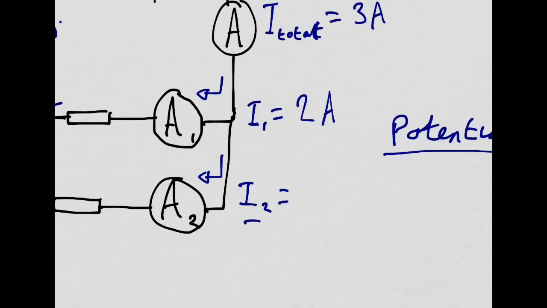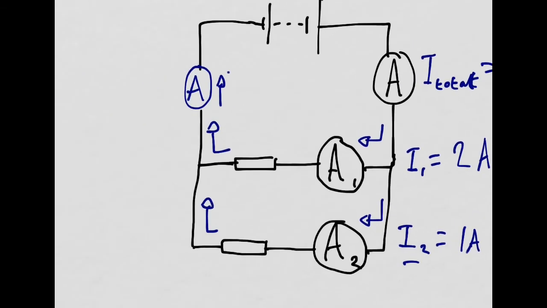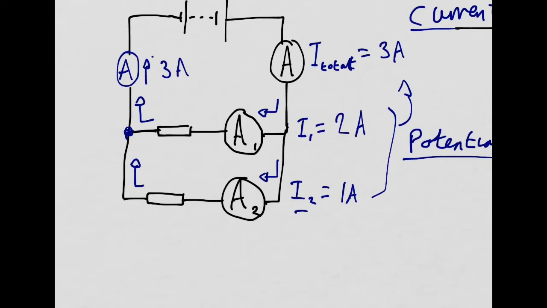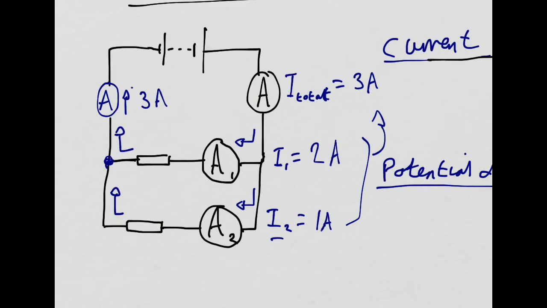Remember what we said? These two have to add together to make the total current. So this is going to be 1 amp, and then they add back together again where they rejoin, and this is going to be 3 amps again, because the 2 and the 1 have joined back together to make 3 amps of current there.